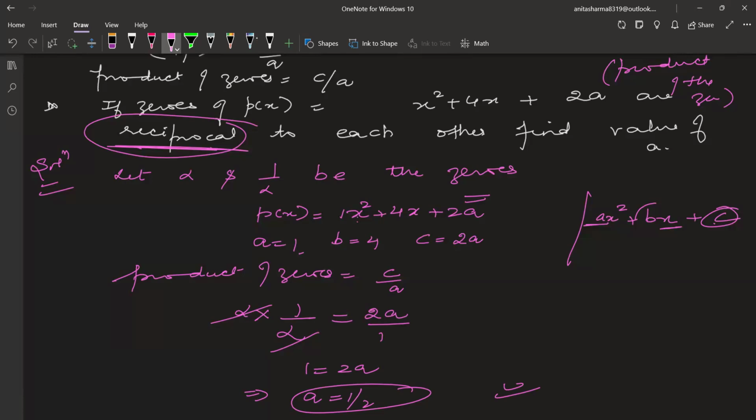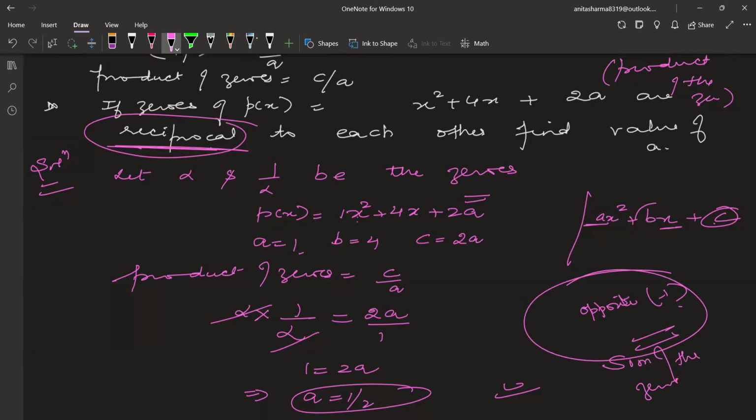And suppose they are asking that the zeros of the given polynomial are opposite to each other. Opposite means one is alpha, then the second one will be minus alpha. Okay, beta? If the word opposite comes, it means it will be minus. So you will use sum of the zeros. Please note this, hurry up.